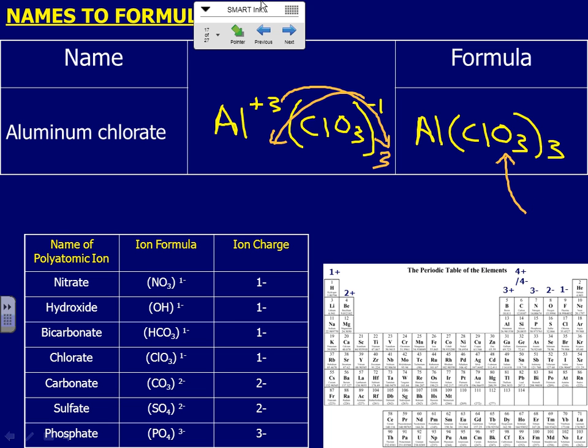So there are 9 oxygen atoms in there. I put quotes around the O so it doesn't look like a 0. Does that make sense to everybody? There are 3 chlorine atoms in that particular thing. And there are 3 chlorate polyatomic ions in that thing. Okay?